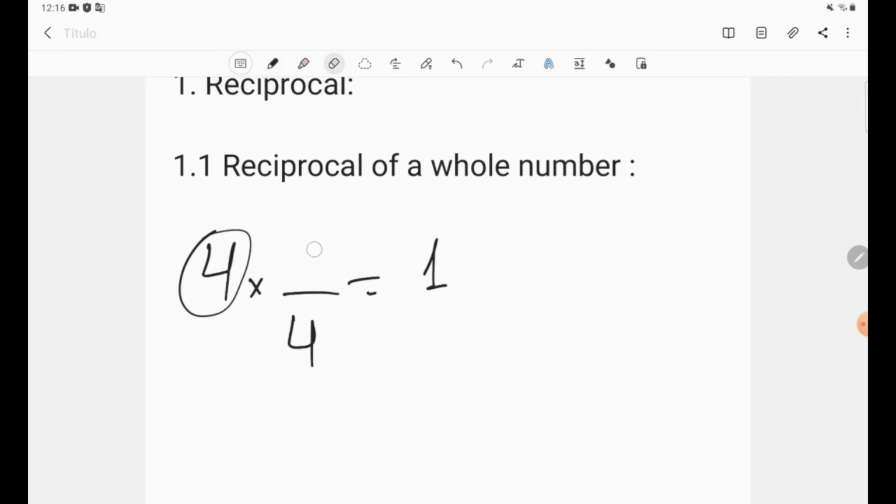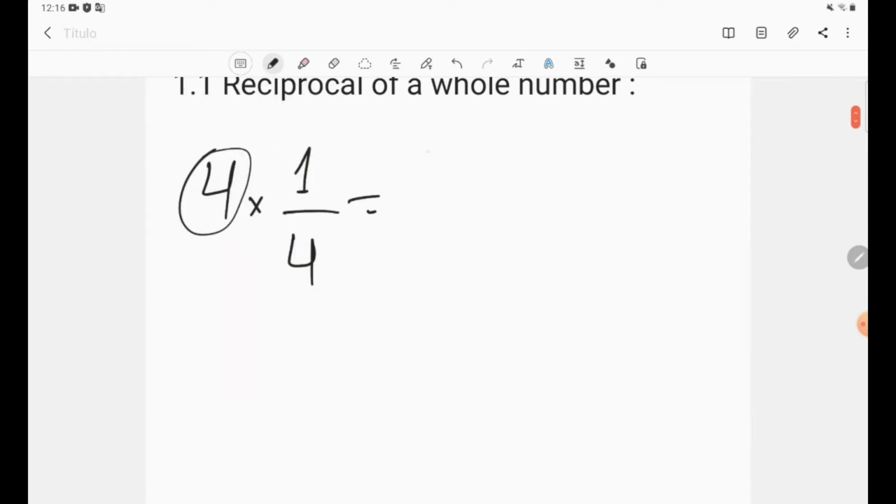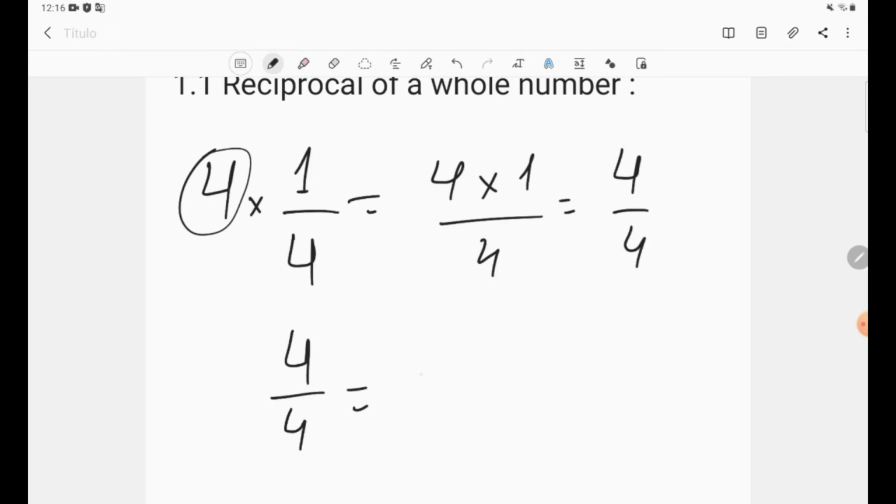So which number multiplying 4 we will get 4? So 1, right? Let's check. 4 multiplied by 1 equals 4 over 4, which actually equals 1. So this is the reciprocal fraction of a whole number.